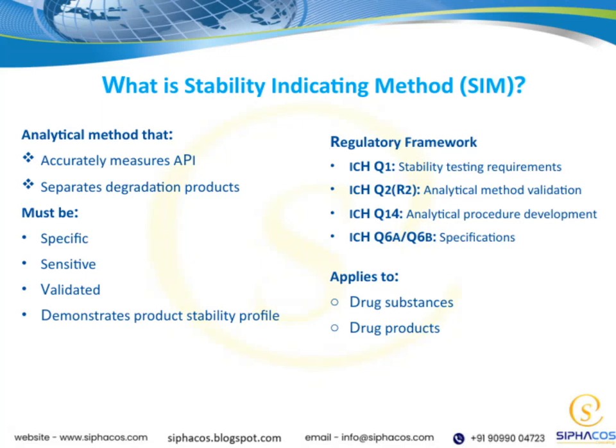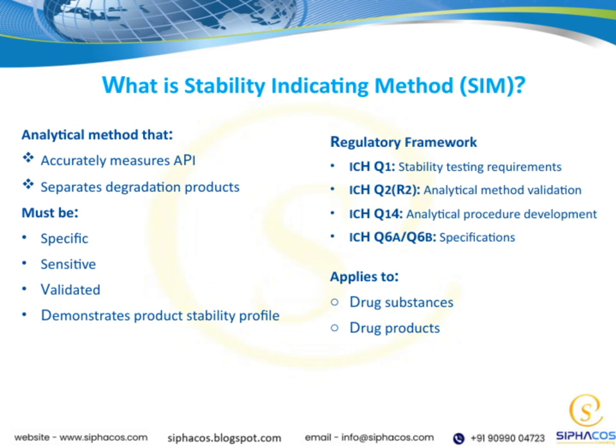Let's take a closer look at the regulatory framework that guides our stability testing and analytical procedures. First, we have ICH-Q1, which outlines the stability testing requirements we need to follow to ensure our drug substances and products remain safe and effective over their shelf life. Then, there's ICH-Q2(R2), which focuses on the validation of our analytical methods, making sure they are reliable and reproducible.